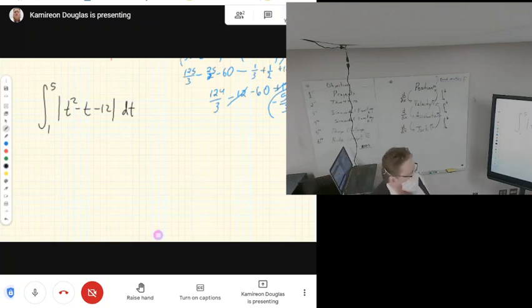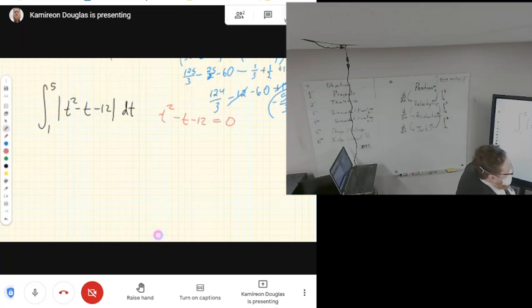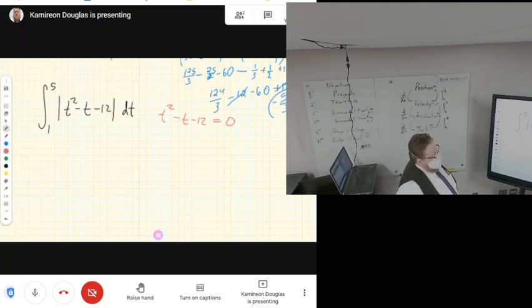Where is this going to fall apart? To do that, I take the inside piece, t squared minus t minus 12, and let it equal 0. That's where the split is going to occur. Anywhere else? It's negative, so it's not in the range. It's 3 and negative 4 to make it 0. Or did I mix it up? I think it's positive. I think so.